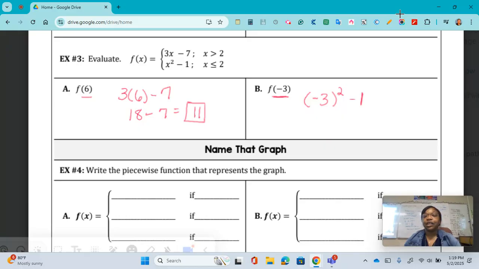Exponents next. Negative 3 squared is just like saying negative 3 times negative 3. A negative times a negative is a positive. 3 times 3 is 9. So this is going to be 9 minus 1, which will give us our answer of 8.